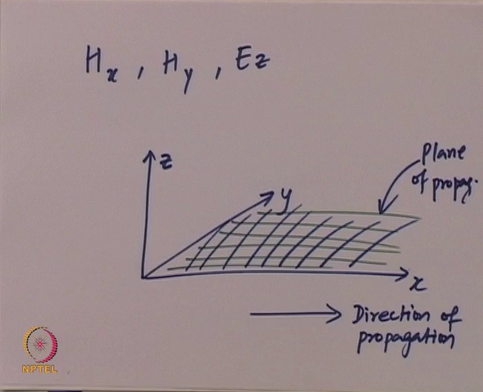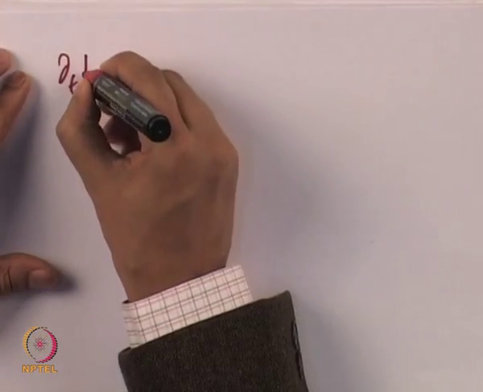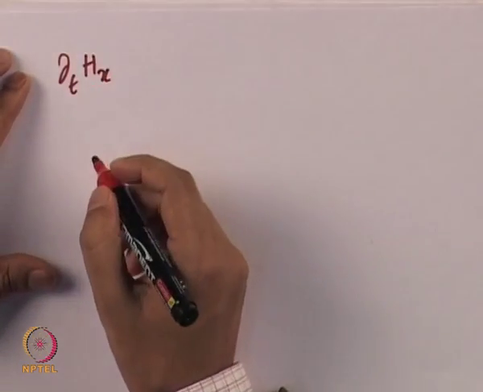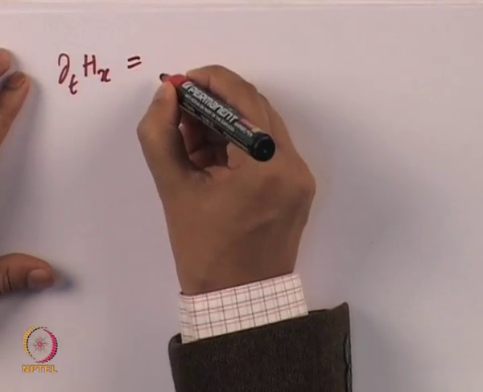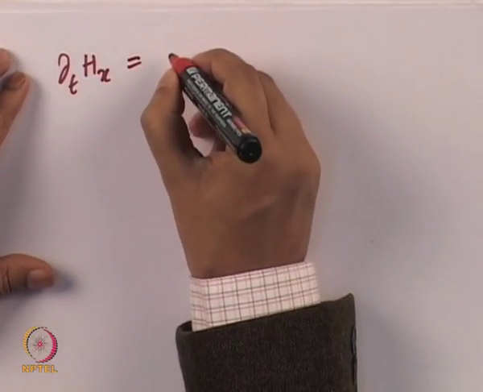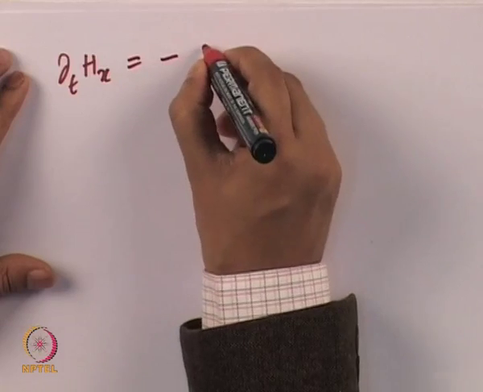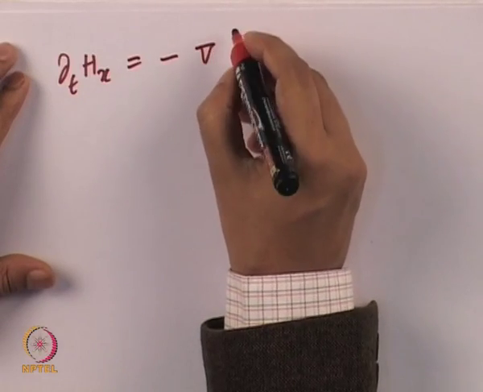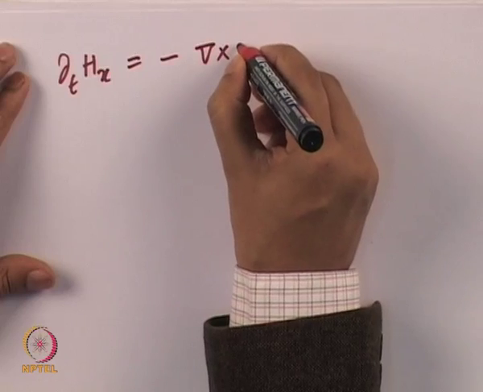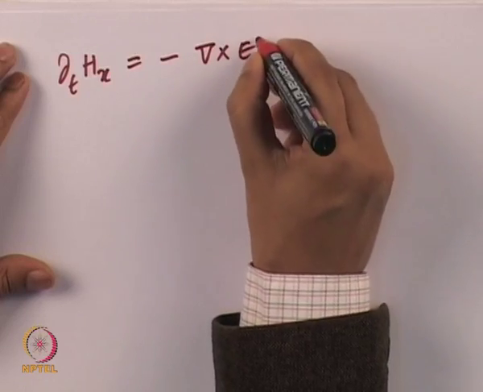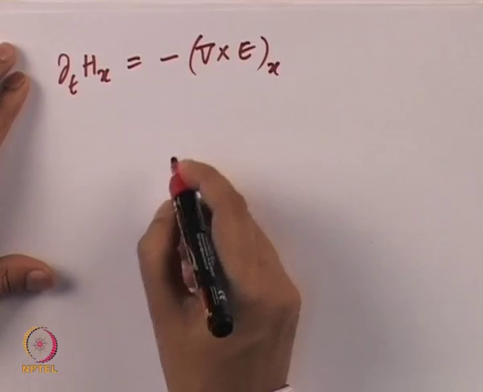So we have ∂/∂t of Hx is equal to minus the curl of E, x component.